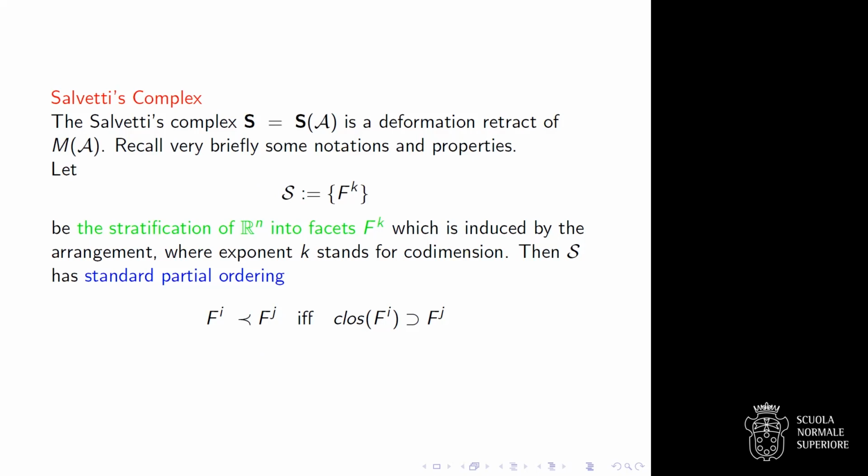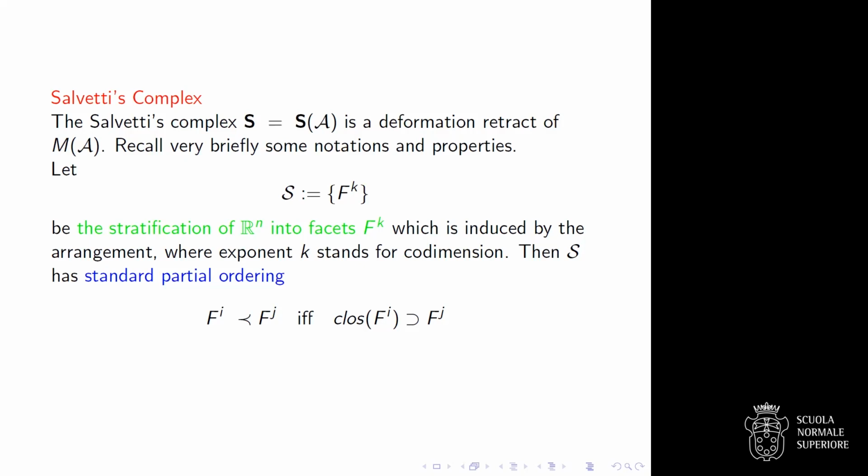So let's go to the second ingredient of this talk, which is the Salvetti complex. The Salvetti complex is the deformation retract of the complement of a complexified hyperplane arrangement, okay?